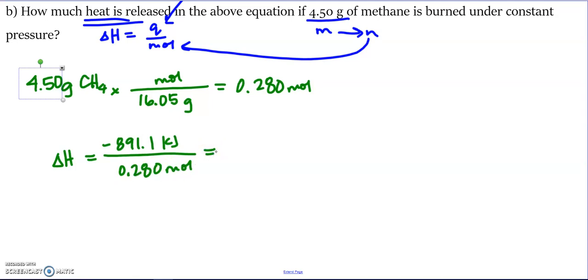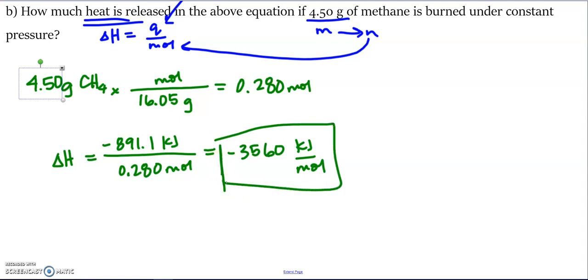And so I get a value of negative 3,560 kilojoules per mole. So for each mole of methane, it's going to combust with 3,560 kilojoules, and it will be exothermic, hence the negative sign there.